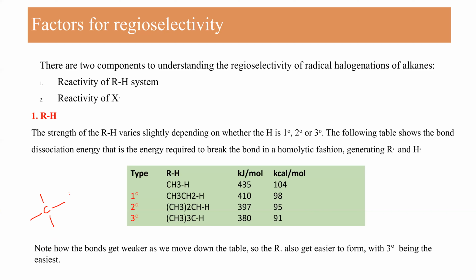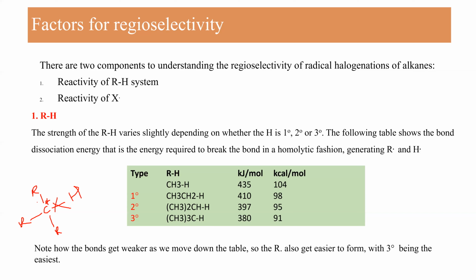So this carbon is the tertiary one, and it is bonded with three methyl groups, and I'm just writing them as R groups, right? So when that bond is cleaved, if this is heterolytic, there will be a carbocation and then the hydrogen, right?